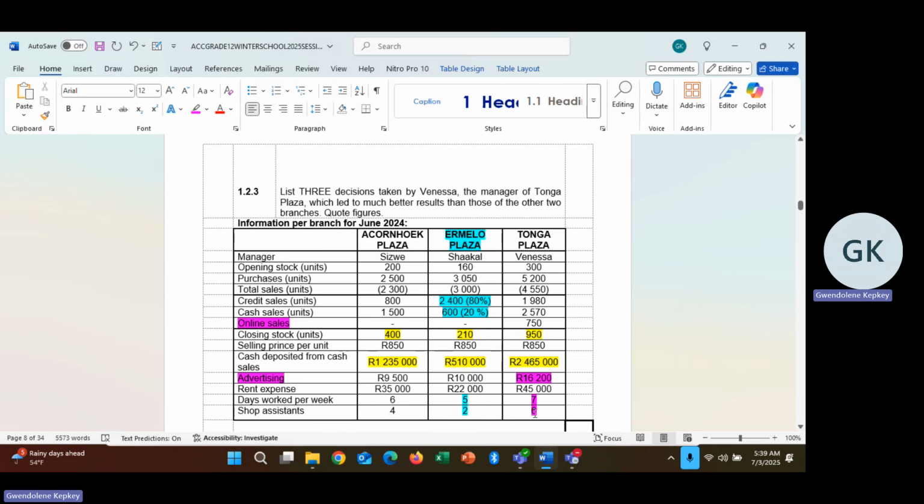Then the other point you could mention is that 7 days a week. The shop assistants in total is 6. And the other important point is they have online shopping. And in the online shopping, they have sold a whole 750 items. So those are the points we're going to highlight in that question.